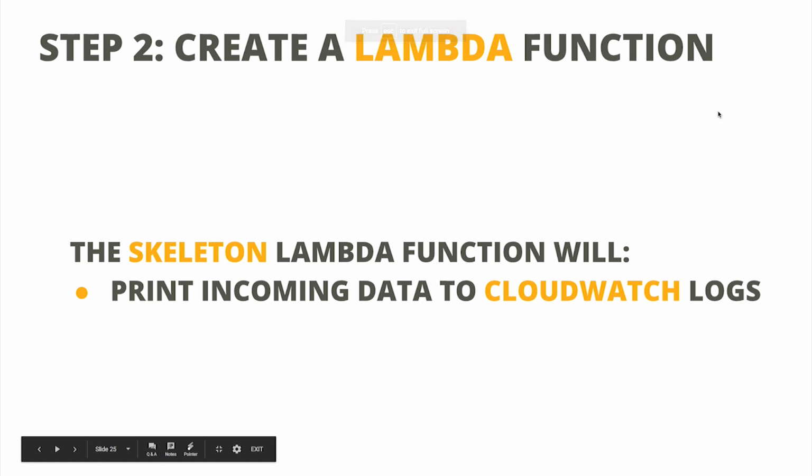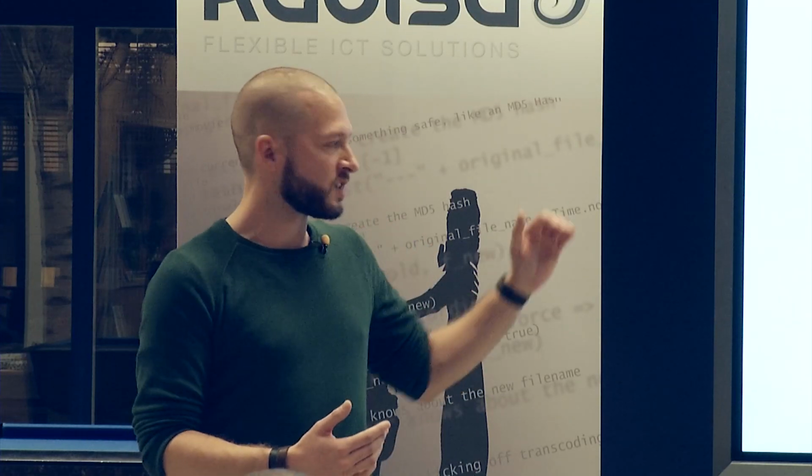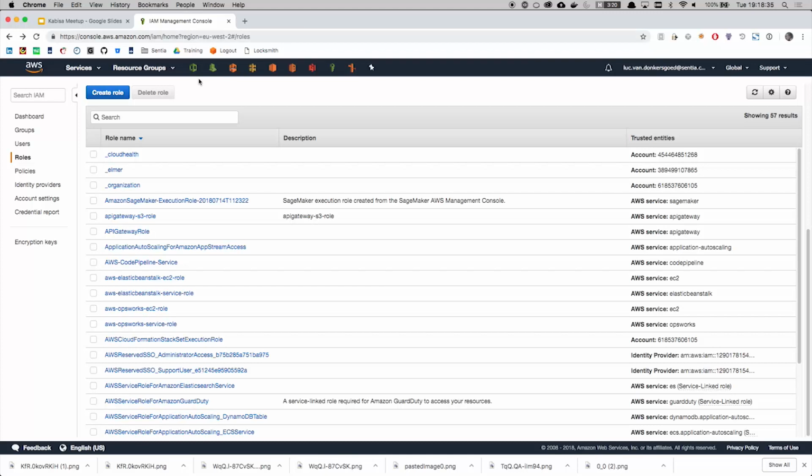And now we will create a Lambda function. So the only requirement that we actually had was to have that role. And we'll start by creating a Lambda function that will print incoming data to CloudWatch logs. So just to show if it works. It's not functional, it's a skeleton with the very initial functionality, just to get the basics.